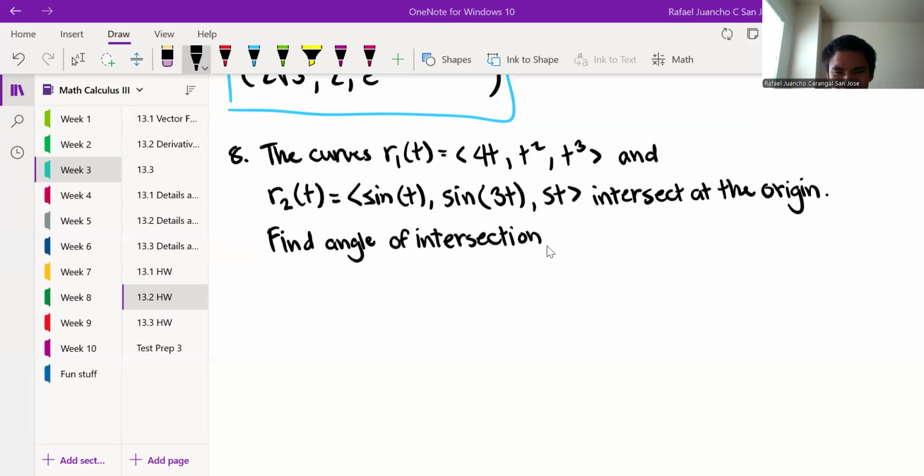Wait, you mean curves? Oh, now we're analyzing their curves. So how do we analyze their curves or their paths or their trajectories? Well, they intersect at the origin, we know that. But what's their theta? Their angle of intersection is theta, and we want it in degrees.